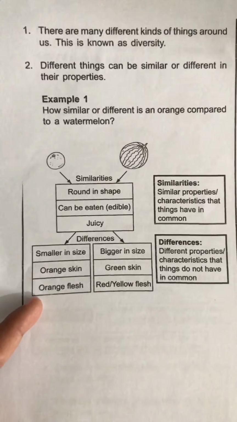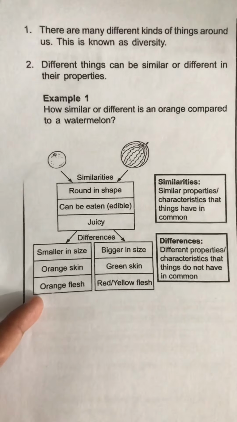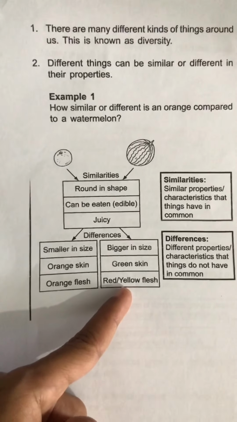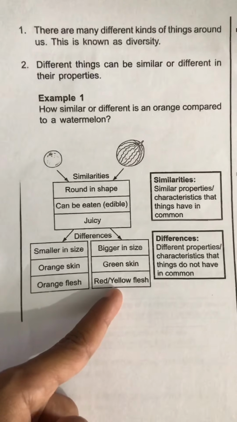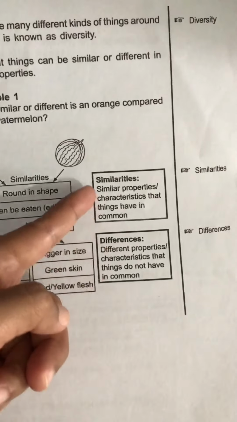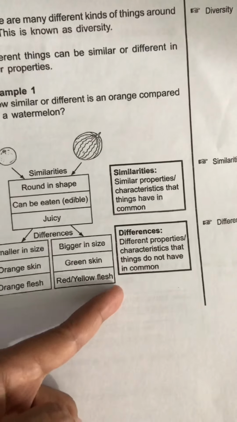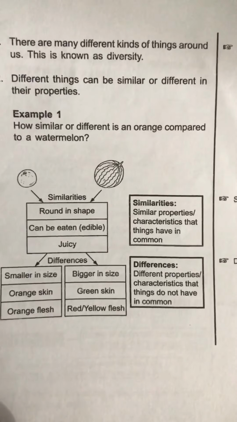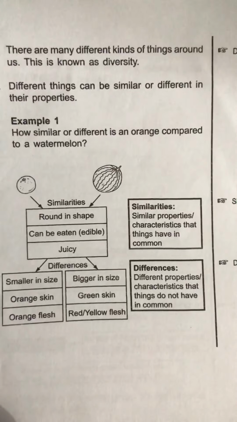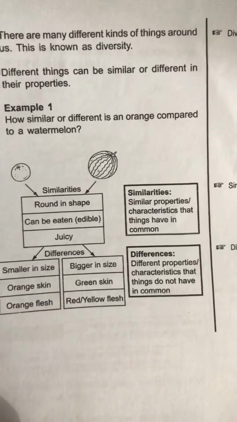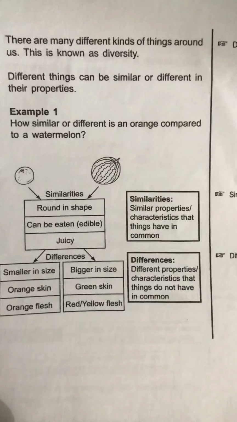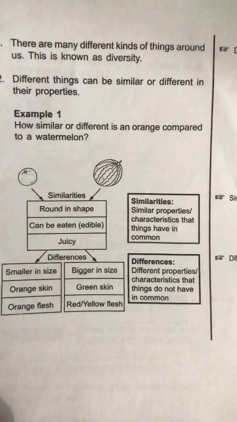And the flesh, it has orange flesh in color, and the watermelon has red or sometimes yellow flesh. Here we can conclude the similarities and differences. The similarities are similar properties or characteristics that things have in common, while the differences are the different properties or characteristics that things do not have in common.